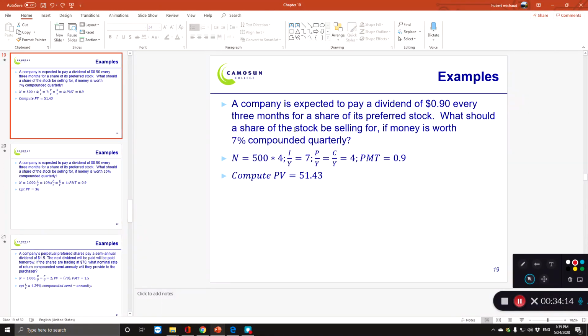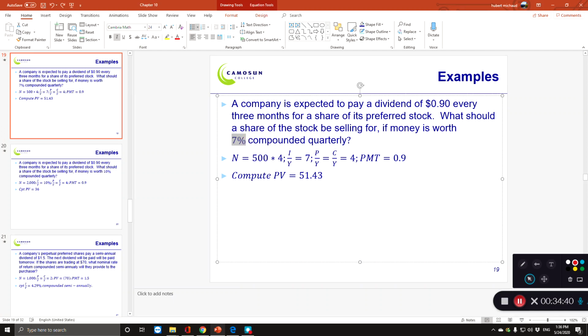Okay, the answer to this question, the first two are basically the same. A company is expected to pay a dividend of 90 cents every 3 months for a share of its preferred stock. What would a share of the stock be selling for if money is worth 7% compounded quarterly? The interest rate is quarterly, the payments are quarterly, the interest rate is 7%. It's a perpetuity.